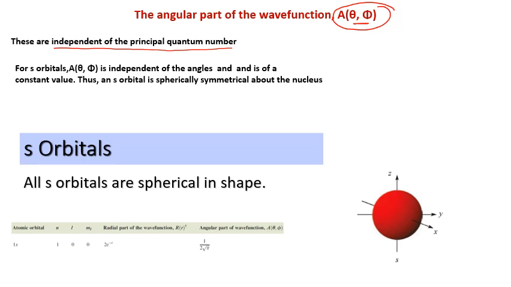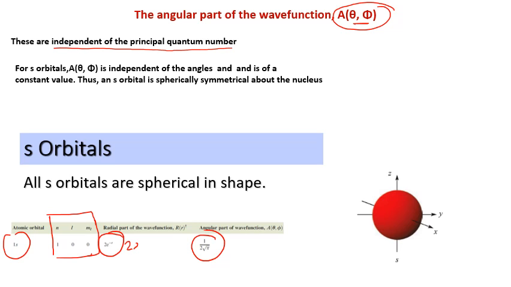For example, for the s orbital, the angular part of the wave function is given down over here, and you can see that it is just a constant number. For the 1s orbital, the orbital quantum number l is 0, the principal quantum number n is 1, and ml is 0. The radial part of the wave function I have already discussed.